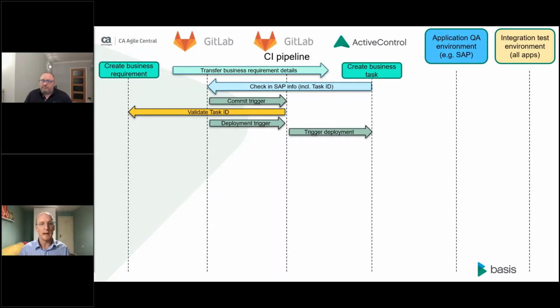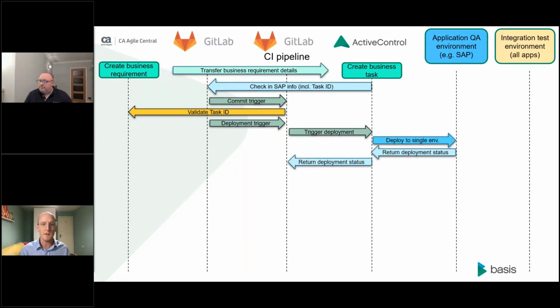And before that even happened, before any kind of deployment happened, there would be a validation of what's registered in Active Control using that task ID, that information from Agile Central, to check that it's a valid business requirement that the deployment is being requested for. And once that comes back positive and the okay is there, GitLab will send that deployment trigger through Active Control, which will automatically deploy those changes into the SAP QA system.